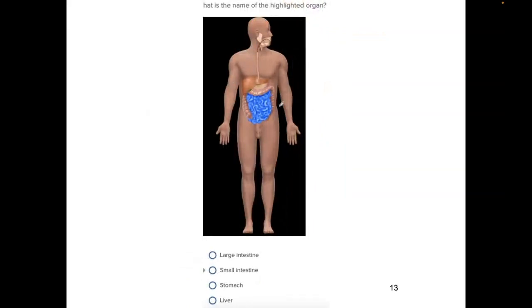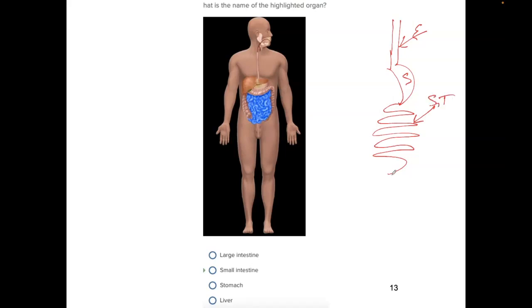Okay, now we're looking at the digestive tract. And simply put, if let's say here's the esophagus, we'll put an E for esophagus, then we'll have a stomach. Then everything in the center right here is the small intestine. And the small intestine, I typically say it's the picture surrounded by a picture frame. So the picture frame is the large intestine.